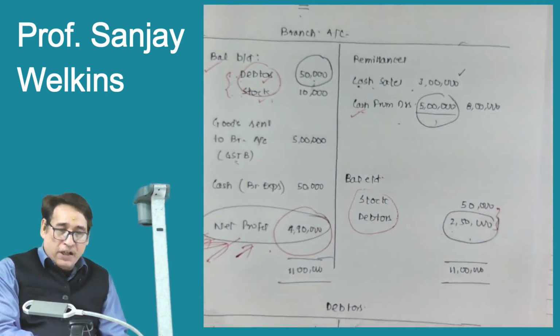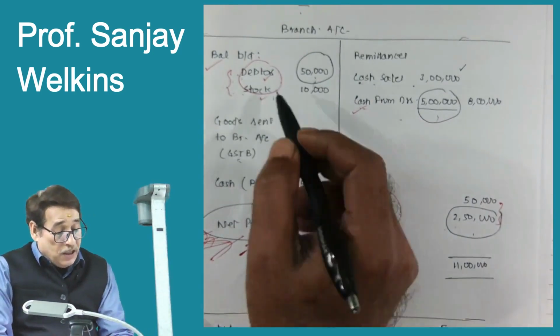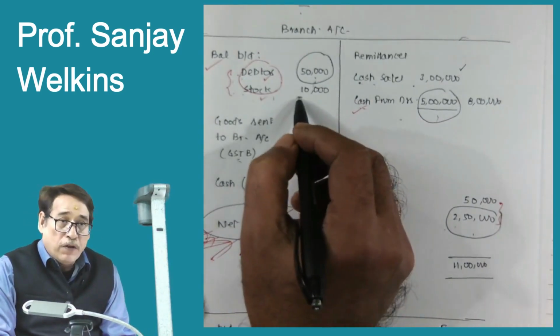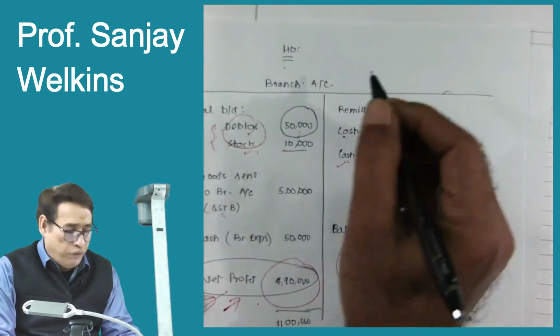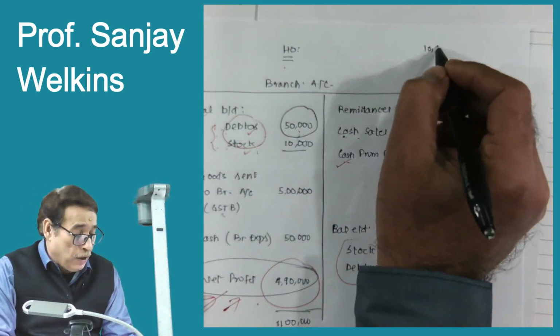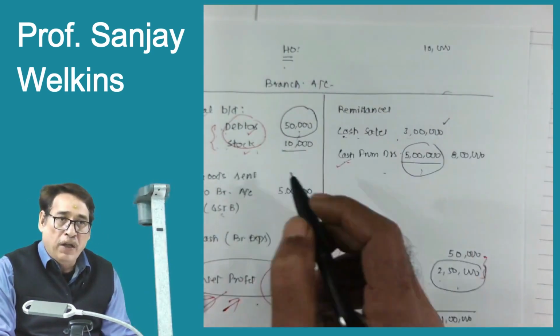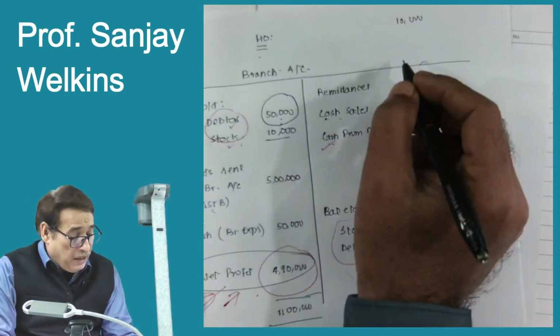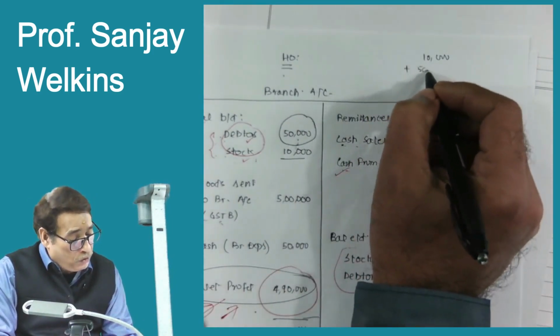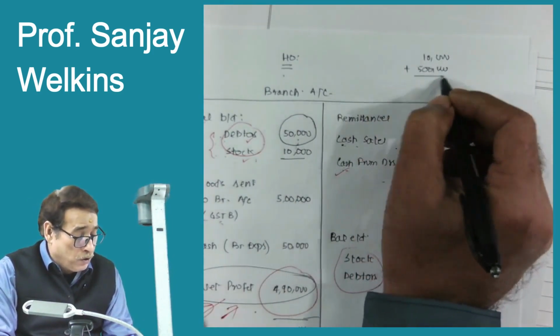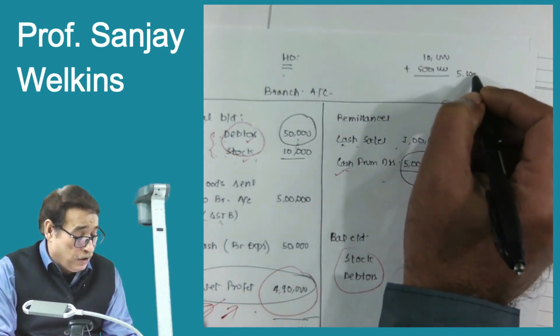Do you agree with me till up to this particular point? Yes, sir, we agree. Now you see, I have written the amount of stock here, correct? You presume you are the branch for a while, and I am the head office. You are already having 10,000 rupees worth of stock as opening balance, correct? And in the current year, I, the head office, send 5 lakh worth of goods to you. So how much total goods are you having? 5 lakh 10,000.